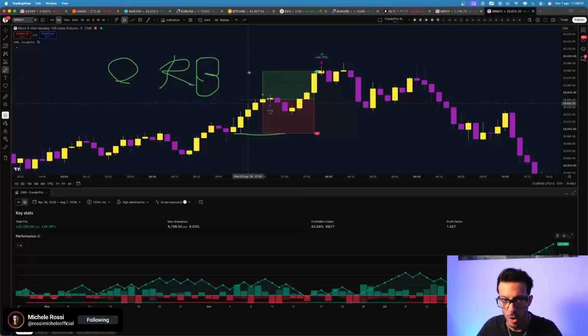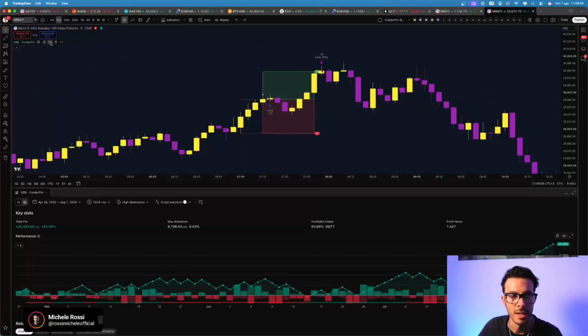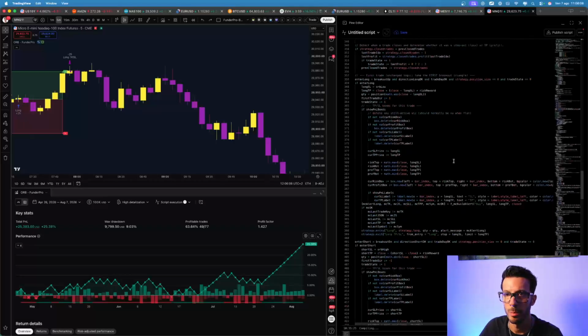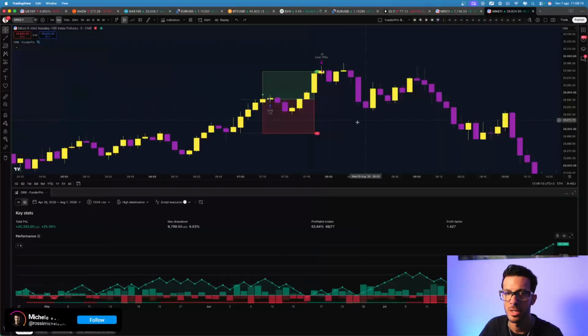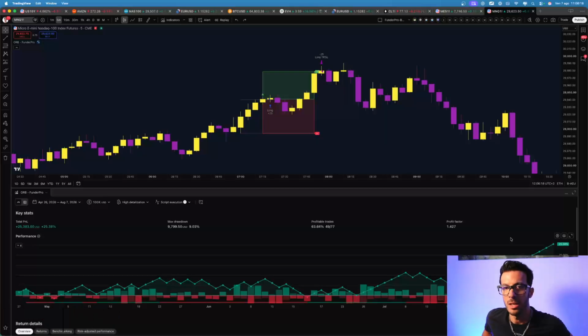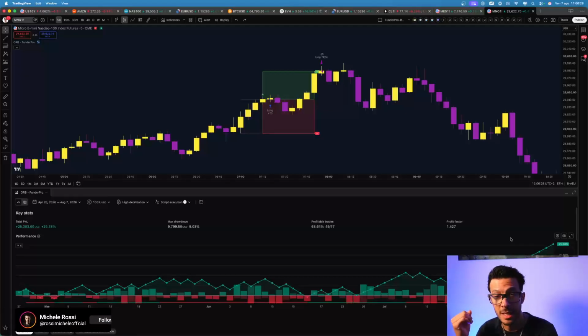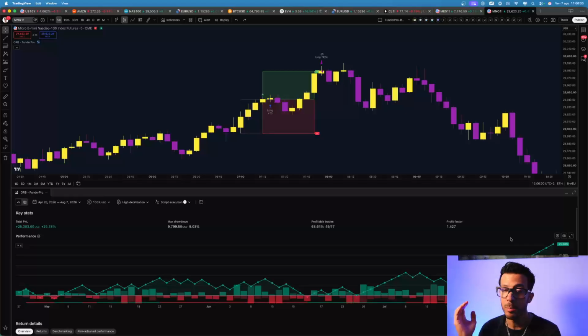And so we coded it with Codex. Then we gave the full code to Pine Editor. We fixed some errors. We tried some backtests very quickly because it is live. We cannot stay here hours, but you can do it on your own. This is just to show you the process and how you can actually do it yourself in a very, very easy way and then deploy it live.